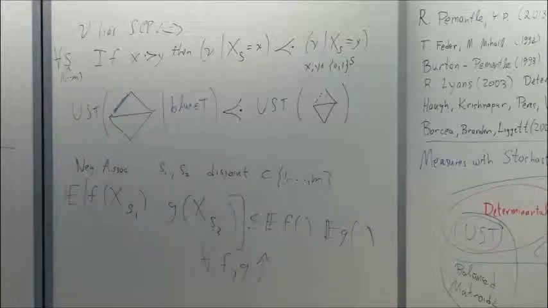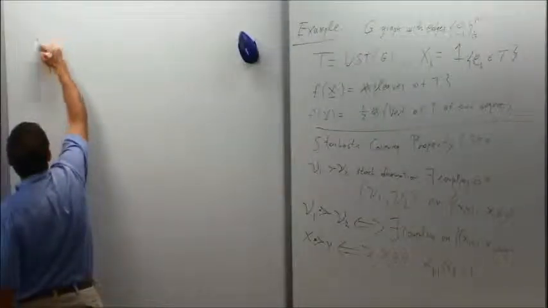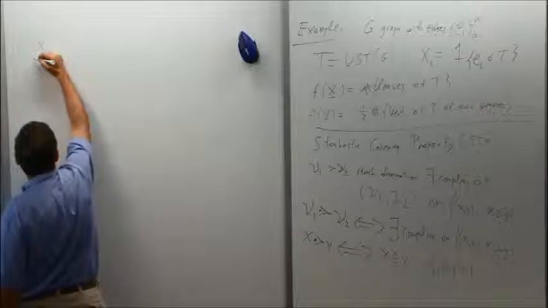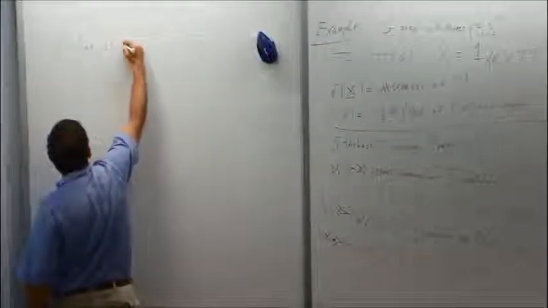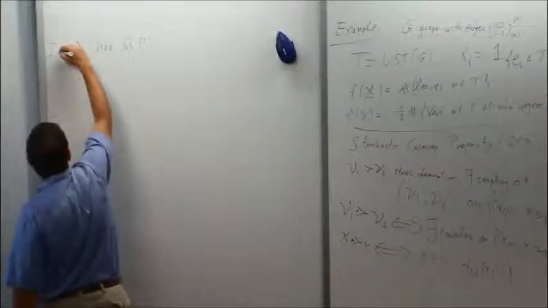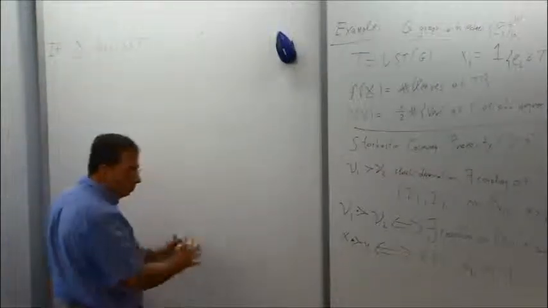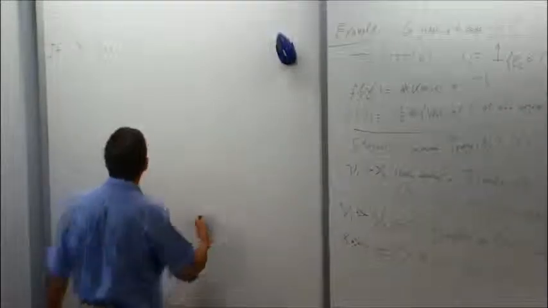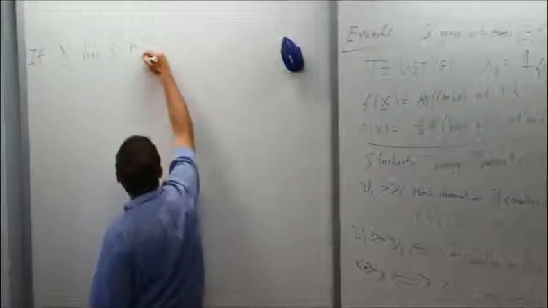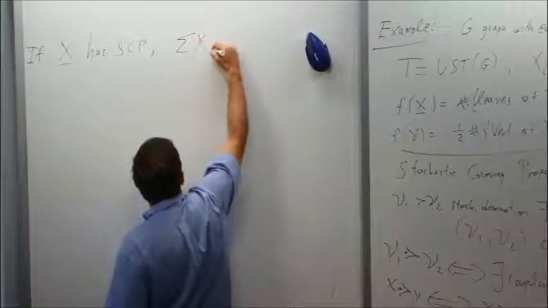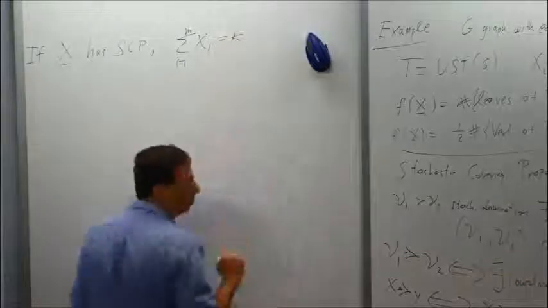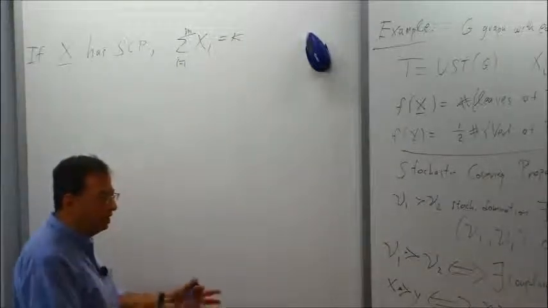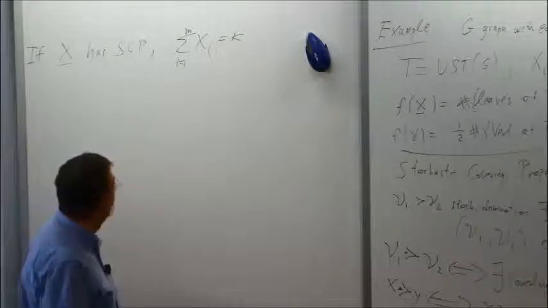If the distribution of X has the SCP, and I'm going to assume that the process is homogeneous, so the sum of X_i, i from 1 to m, equals some k. This is what happens for us in the uniform spanning tree, when k is the number of vertices minus 1.